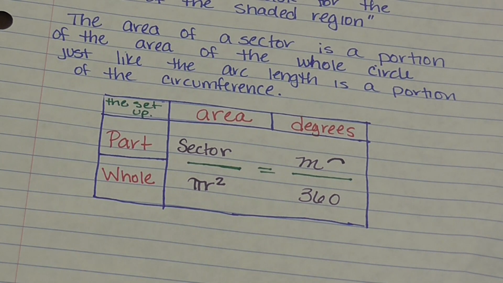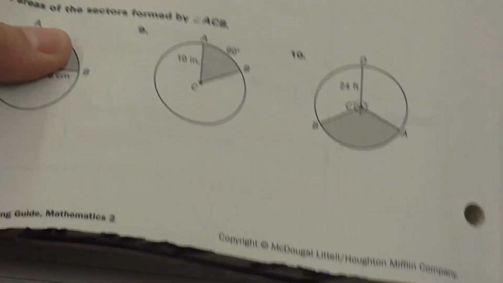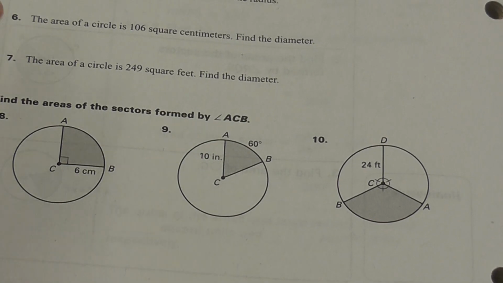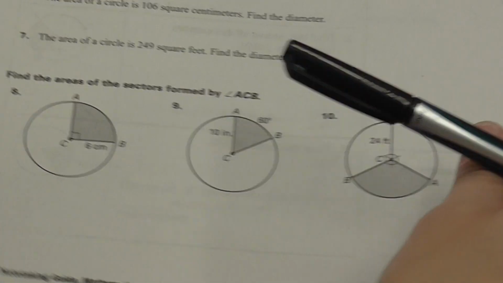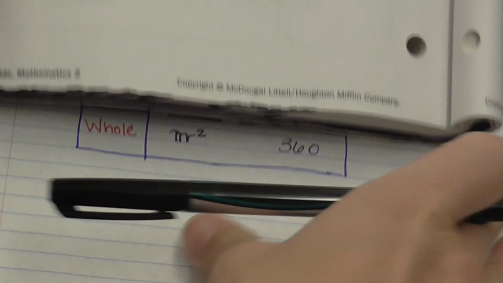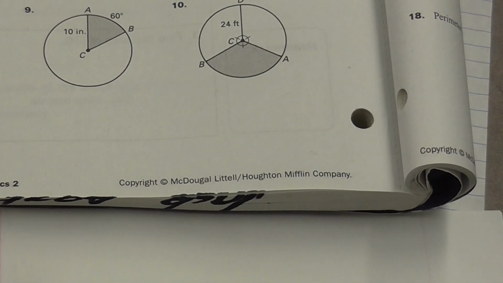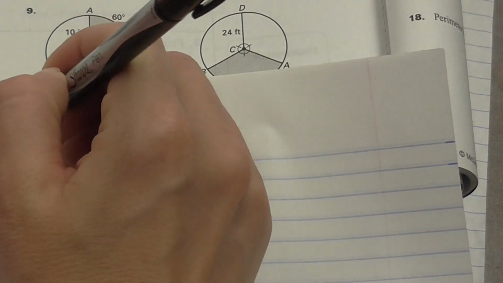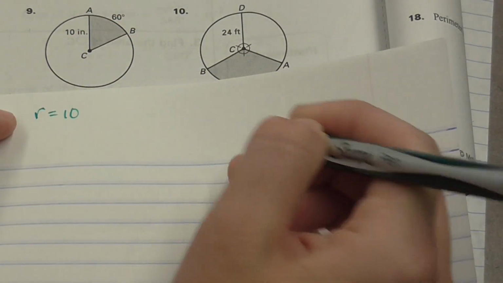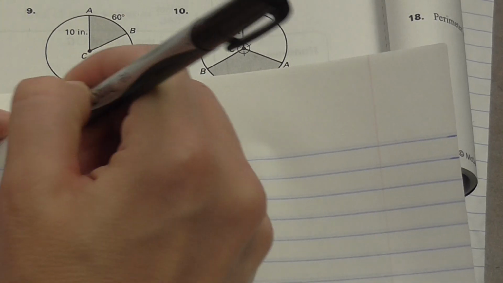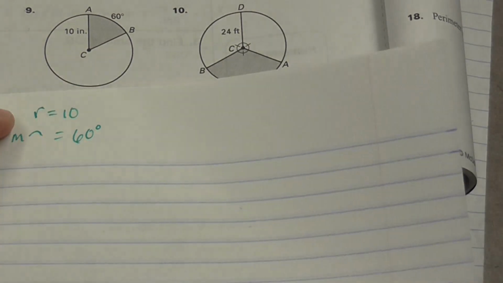So if I were to do a problem like, let's do number 9. If I were to do a problem like number 9 right here, I'm going to slide it way up so we can just see it. All right, so I know that my radius is 10, and I know that my angle, my arc measure, is 60 degrees, right?